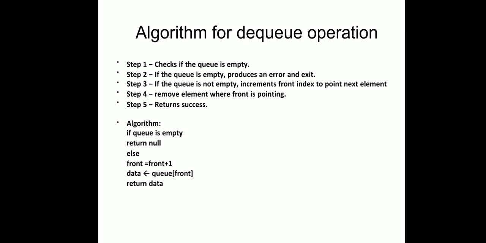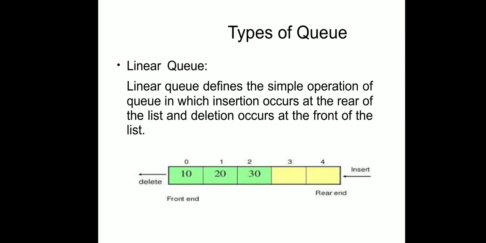And just increment the pointer from front to front plus 1. So now the next element will be the first element and automatically that element will get removed, right? So these empty locations will not be filled, please keep in mind. So in this way you can perform the dequeue operation.